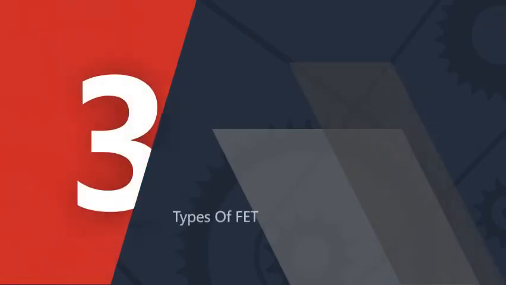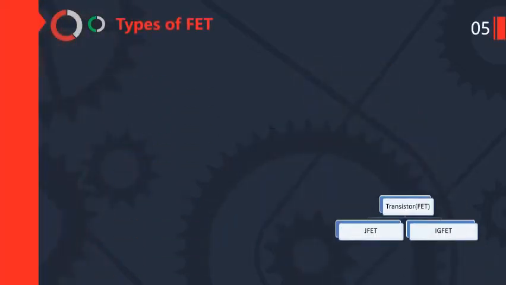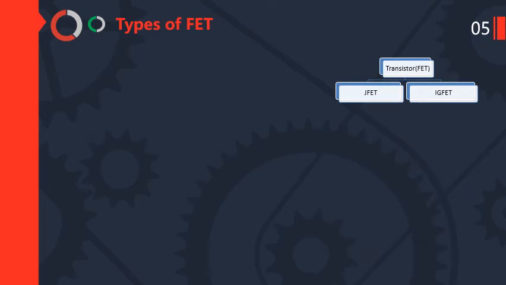So the next topic is the classification of FET. The field effect transistor is classified into two categories. First one is called JFET, means junction field effect transistor, and second one is called IGFET, means insulated gate field effect transistor.